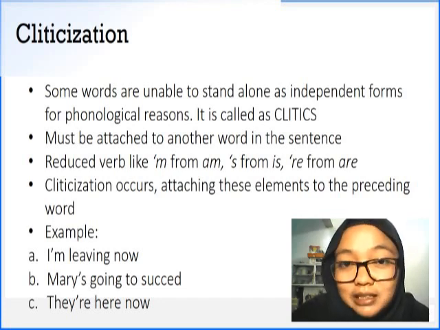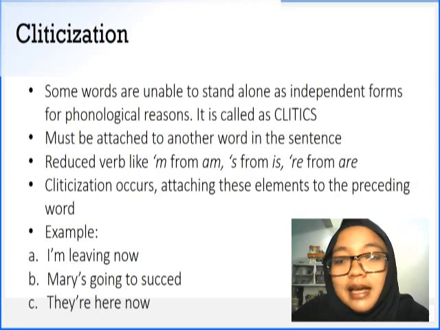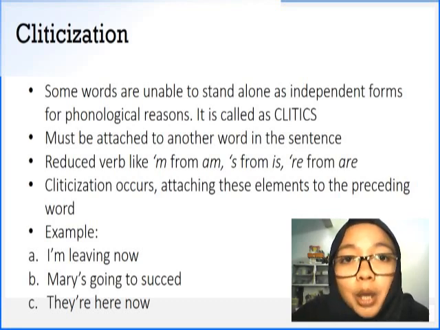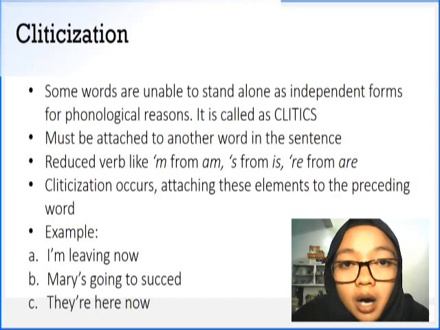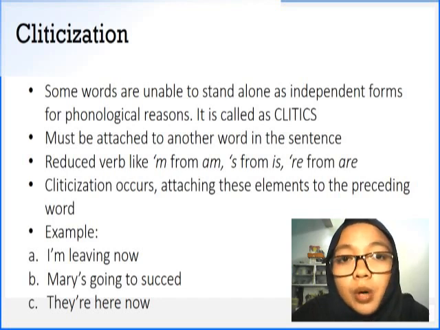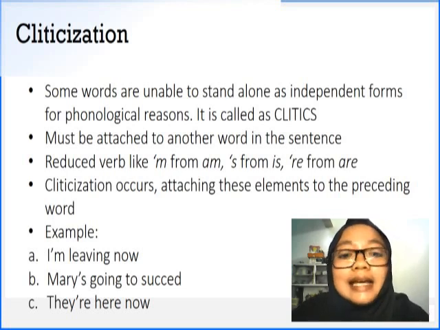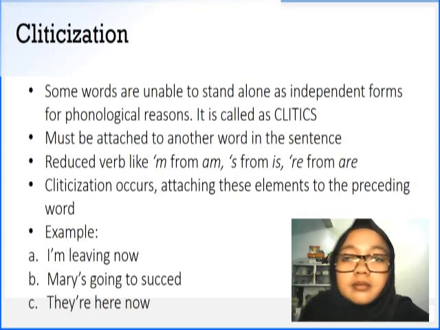Okay, the next example is: they're here now. They apostrophe re stands for they are, and the apostrophe re is called a clitic. That process is called cliticization.